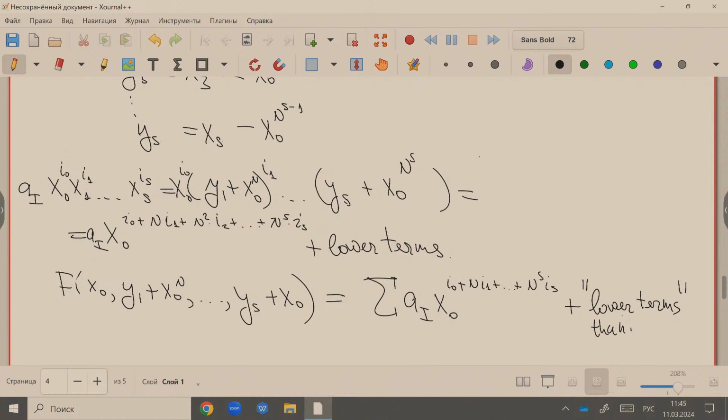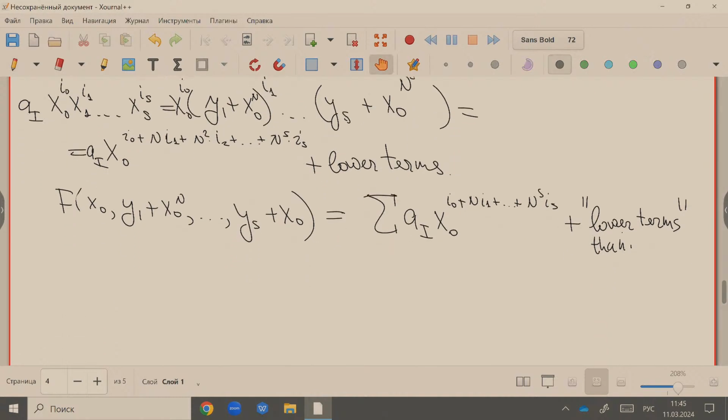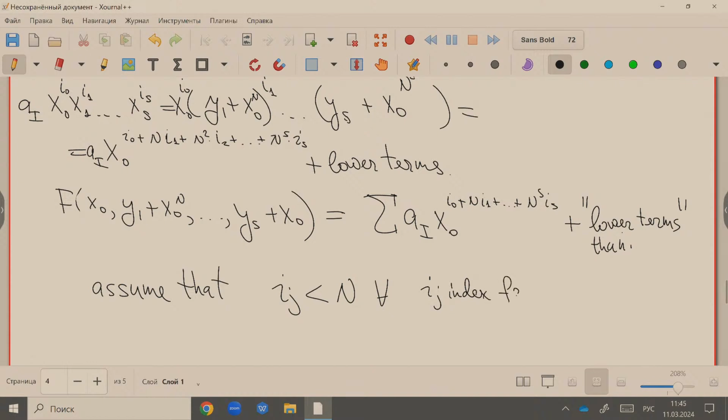But notice what I claim: assume that this i_j is less than n for any index from I. So for any monomial, the degree of each variable is less than n.